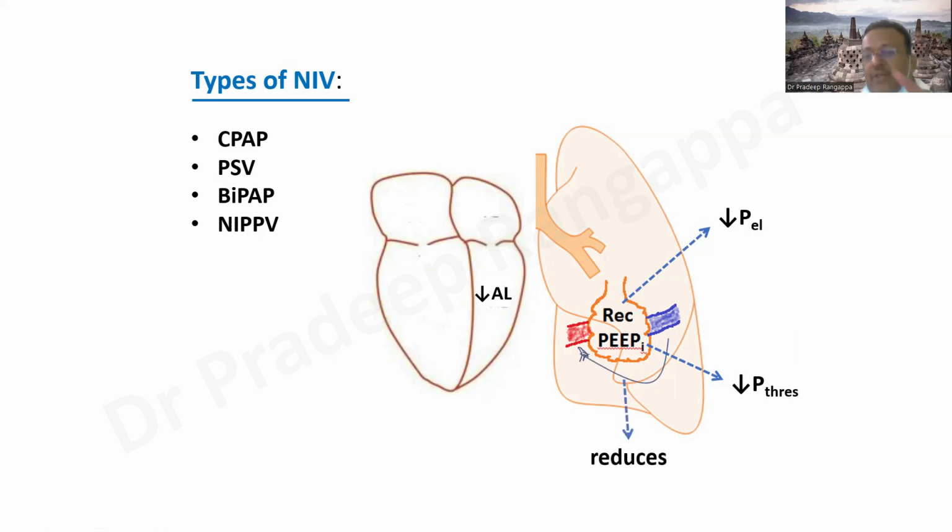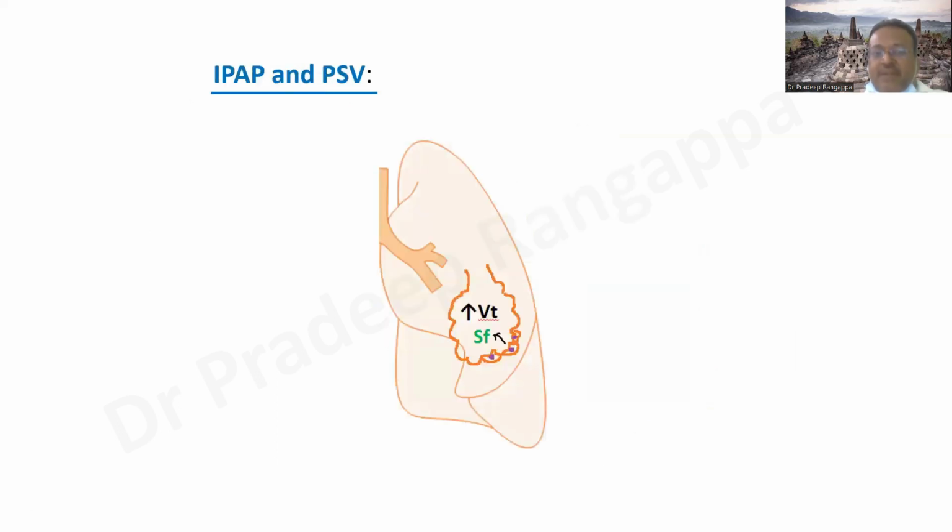All in all, by overcoming these pressures, it helps to reduce the shunt fraction. Shunt is where your alveoli are not participating in gas exchange. So it reduces the shunt fraction by recruitment, and by providing PEEP, it overcomes the elastic pressure and the threshold pressure and helps in effectively circumventing the shunt issues. So this is how NIV helps in optimizing the ventilation.